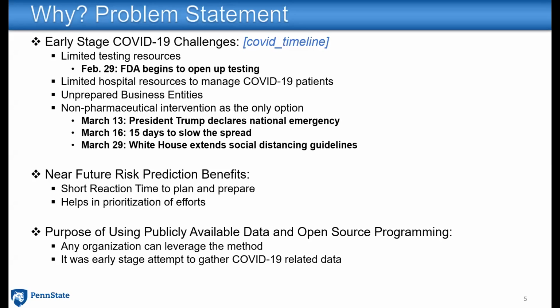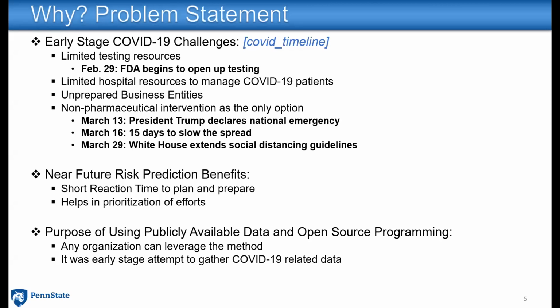Again, hospital had limited resources to manage COVID-19 patients. Business entities were not prepared for the challenges imposed by COVID-19 back in February and March. So the only intervention that was possible was non-pharmaceutical intervention.